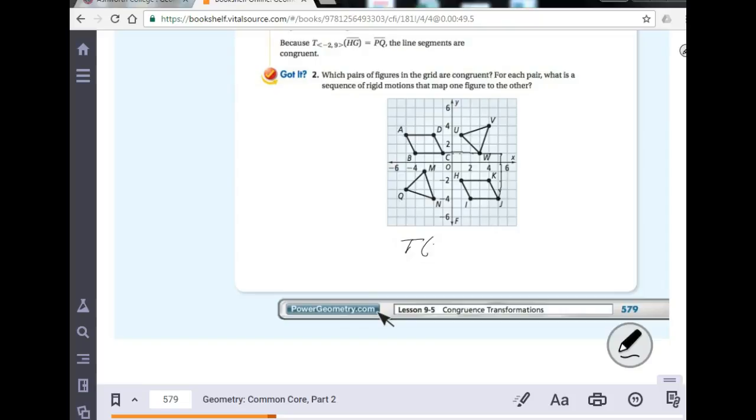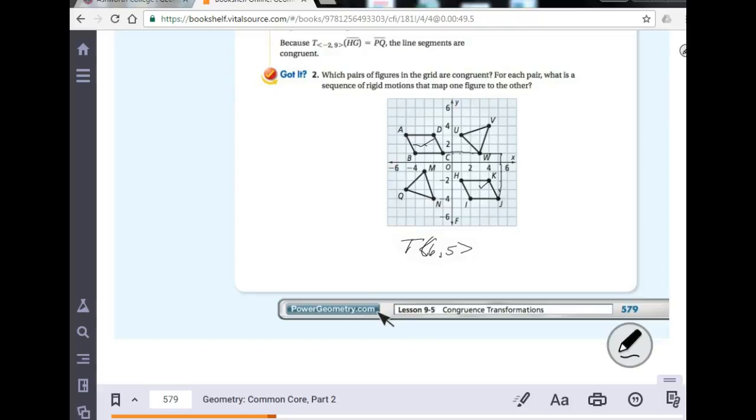So it's a transformation of 6 to the right and 5 down. That's the way you would write that transformation to get from one point onto the other. And that means these two right here would be congruent to each other because it's a rigid transformation.